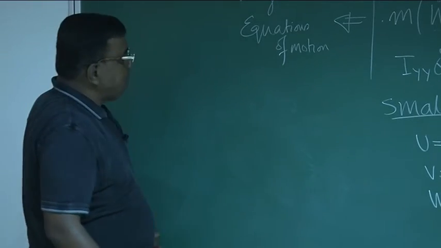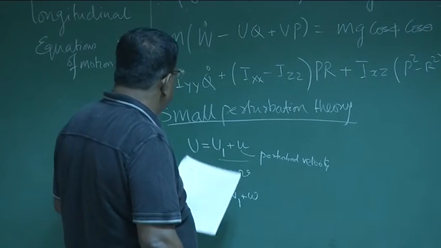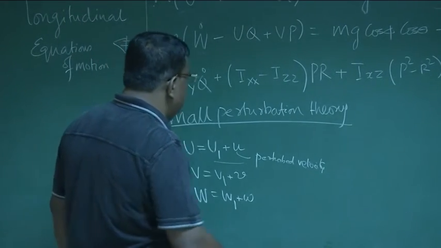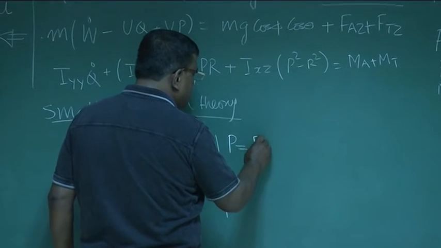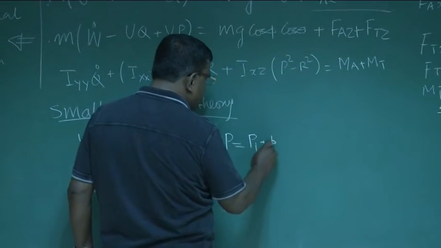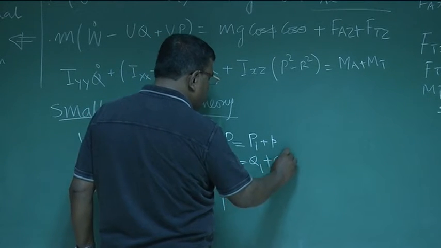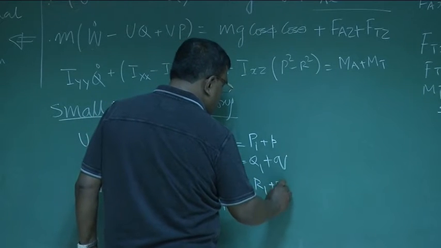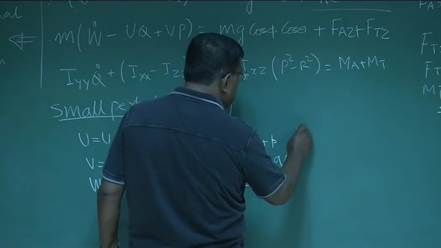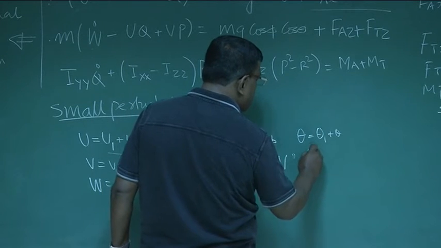And now we'll go on doing very mechanical things. So UVW you have written. Similarly, you can write P equal to P1, steady state, plus small p. Then Q equal to Q1 plus small q. R equal to R1 plus small r. Then theta equal to theta 1 plus small theta.